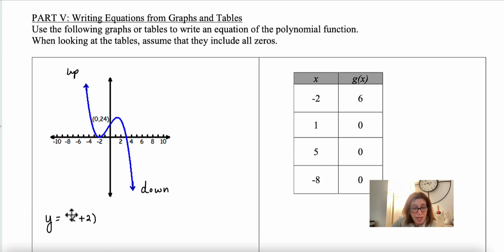Remember the opposite. And it takes a bounce there, so that's going to be a degree 2 factor. It also has an x-intercept here at 3, which goes up, which goes down. That tells me that x minus 3 is going to have a degree 1. So it looks like this is a degree 3 polynomial.